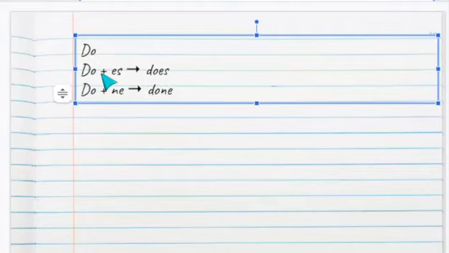Now, when I read this word sum, I need to make sure that I say do plus ES is rewritten as does. Because if I say do plus ES is rewritten as does, that's when we go, oh no, it doesn't. Like that just sounds wacky.